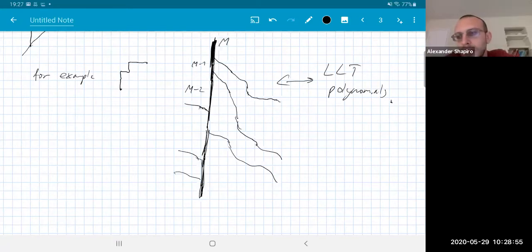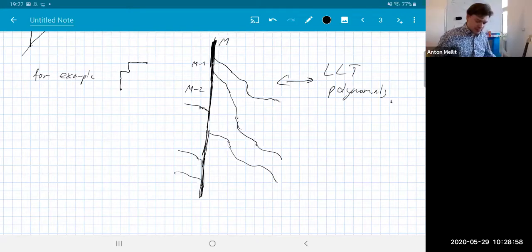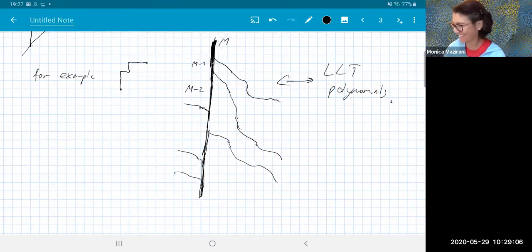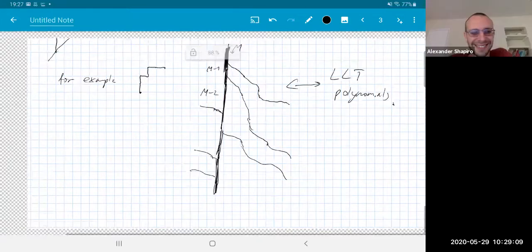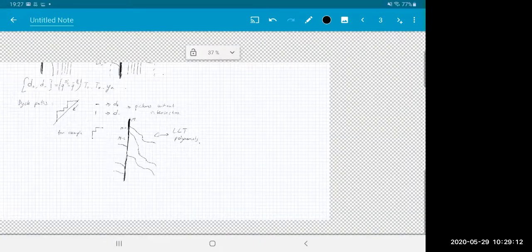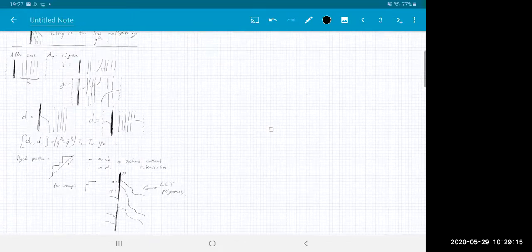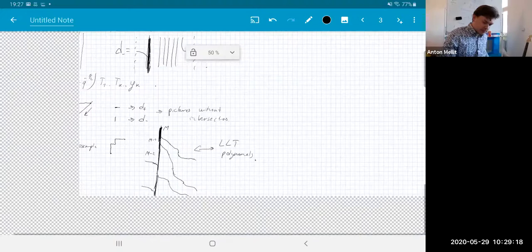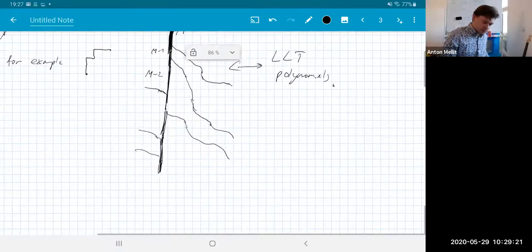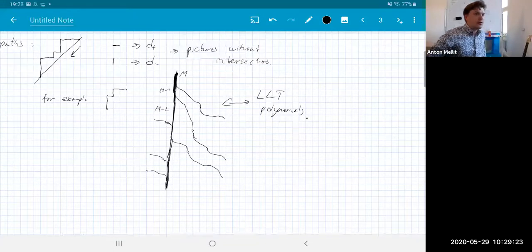Excuse me, what does LLT stand for again? Lascoux, Leclerc, Thibon. Oh, I see. Okay. What do you mean exactly by it gives you LLT polynomials? You see that when I have M here, I get a spherical affine Hecke algebra.